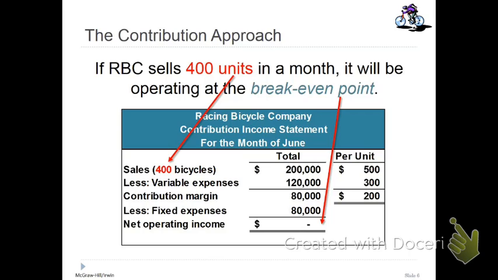Quick note on a little bit of math here: if I take that $200 per bike, multiply it times the 400 bikes that I'm selling, that gives me the $80,000 that I need to meet my fixed expenses.